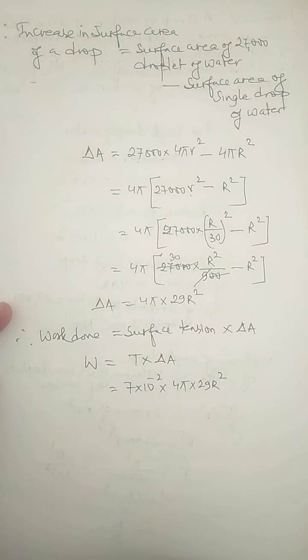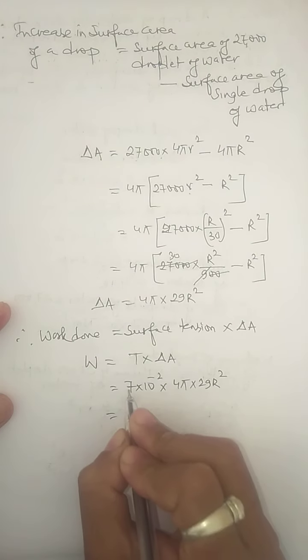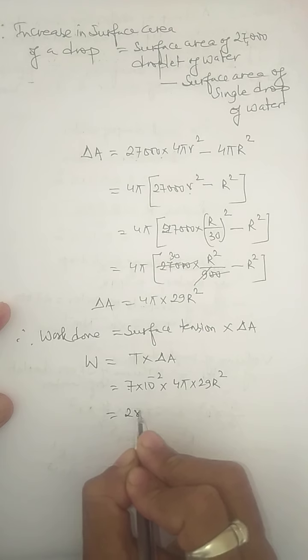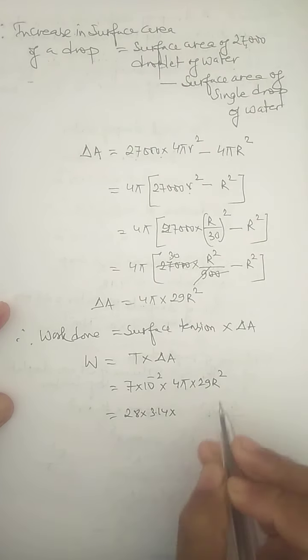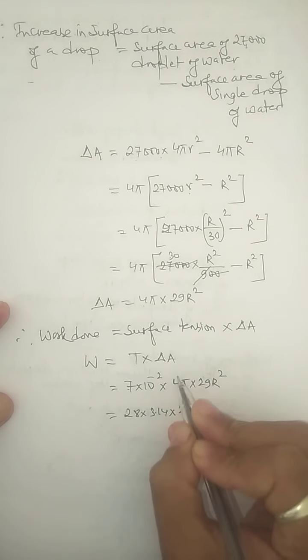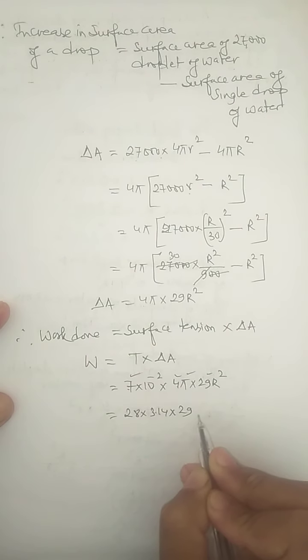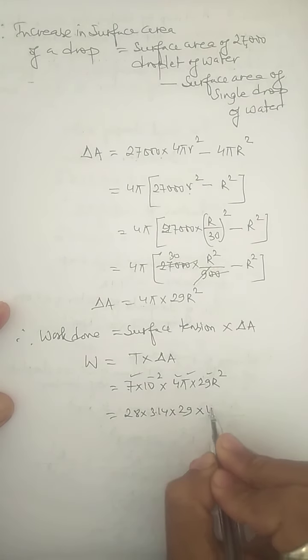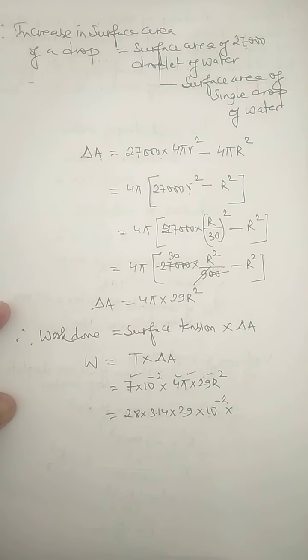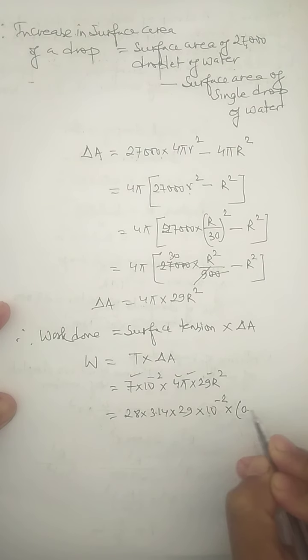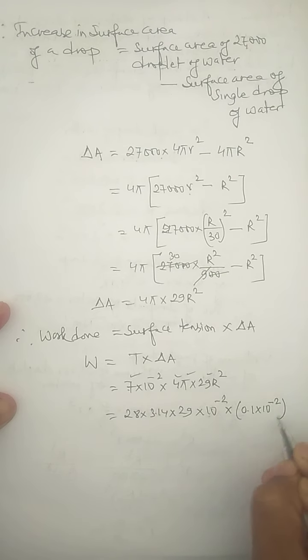Now let's substitute the values also. 7 4s are 28 into pi, which means 3.14, into 29, into 10 to the minus 2, into now capital R, and you know the capital R value is 0.1 into 10 to the minus 2, and there is a square of this.